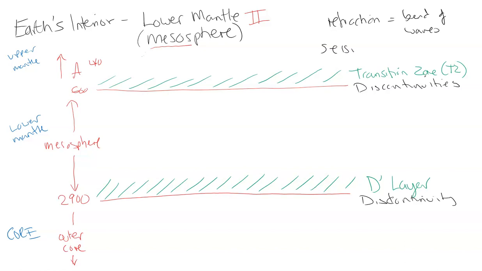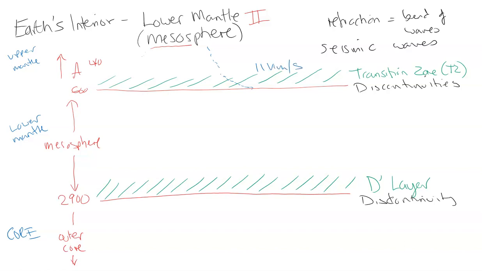Now, in previous videos, we discussed in detail the transition zone and how there is a slight increase in the velocity of the seismic waves. The seismic waves come down like this at a certain speed, then increase a little bit, with fluctuations within this zone. And then it hits the mesosphere at about 660 kilometers, and the velocity is around 11 kilometers every second.